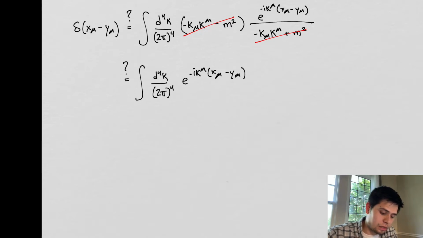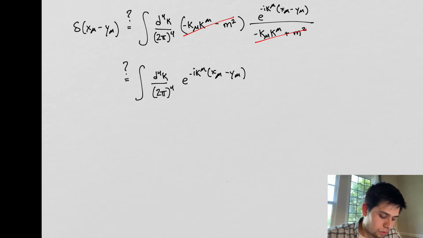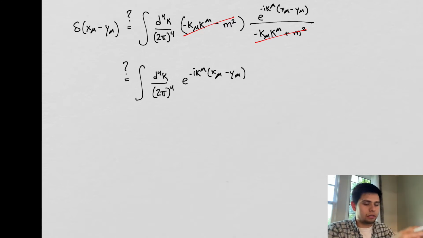What this means, we could take a look at this actually. If you're at all familiar with Fourier transforms, this is equal to our delta function, because this is a Fourier transform. A Fourier transform essentially is a way of going between spatial space to sort of temporal space, if you will, or frequency space.